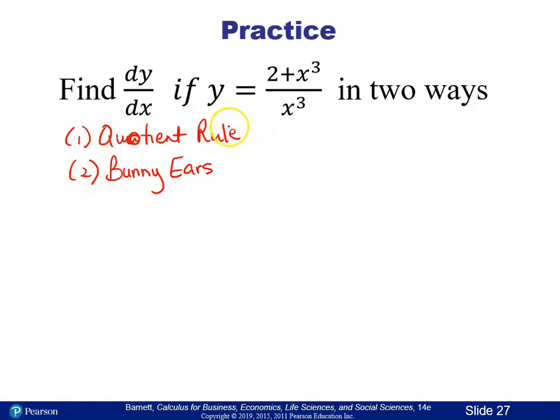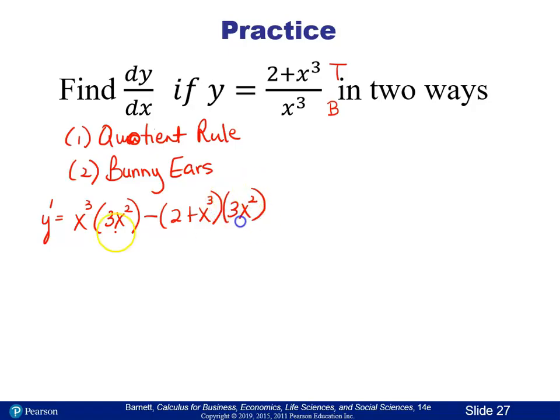Okay, so the quotient rule says that we would have our top and the bottom, so it's going to be the bottom times the derivative of the top minus the top times the derivative of the bottom over the bottom squared.